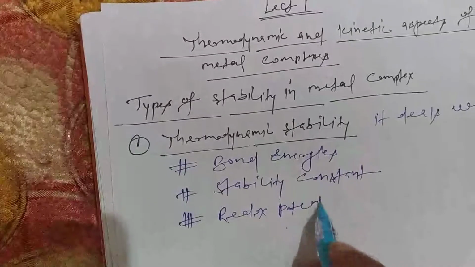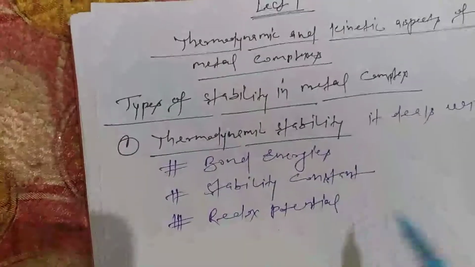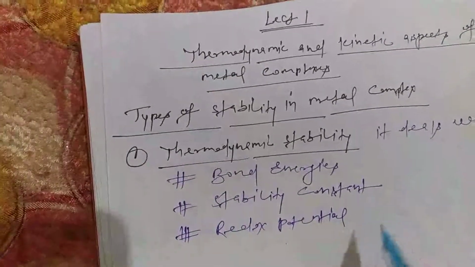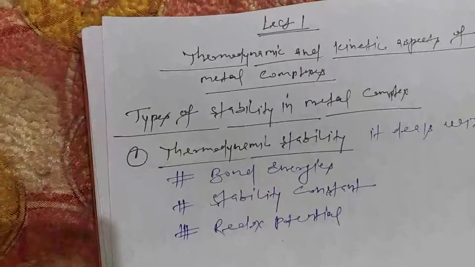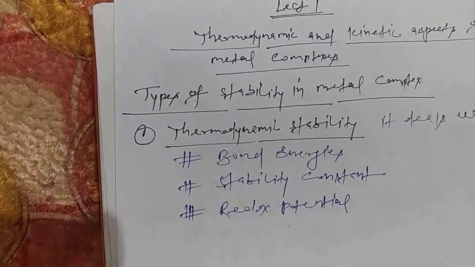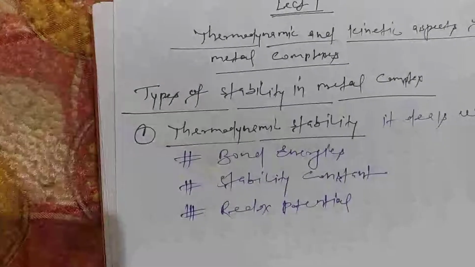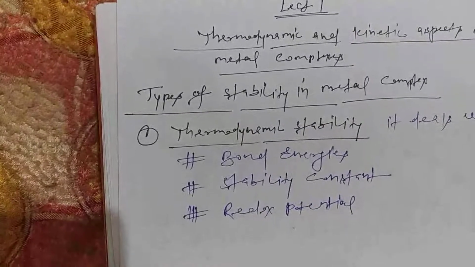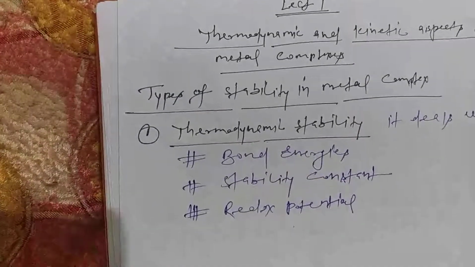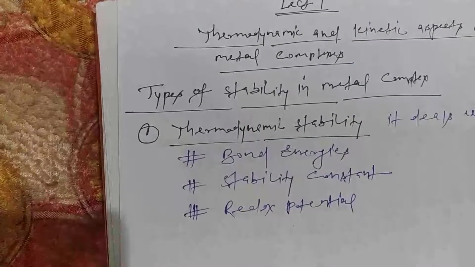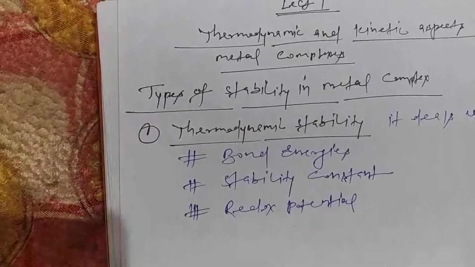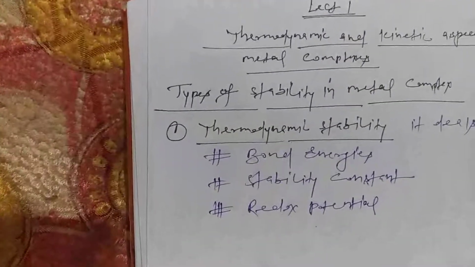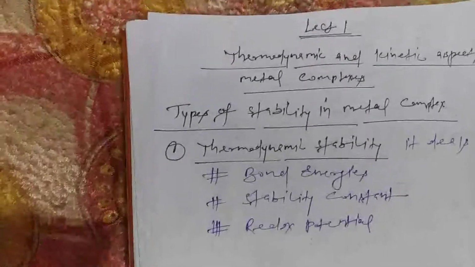These are the main properties as far as thermodynamic stability is concerned. All these things affect the equilibrium conditions. On the basis of these properties, we can divide thermodynamic stability into two types: one is called stable complex, and the other is called unstable complex.